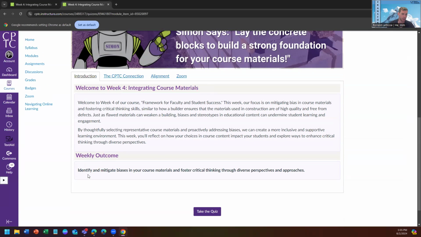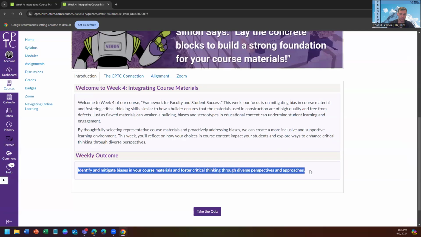Our objective for the week: identify and mitigate biases in your course materials and foster critical thinking through diverse perspectives and approaches.